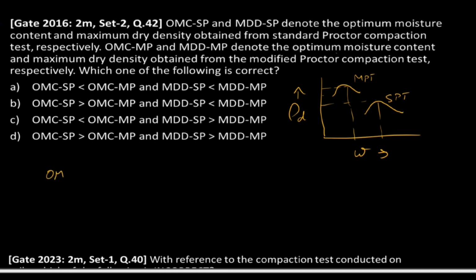Therefore, optimum moisture content of standard Proctor test is greater than optimum moisture content of modified Proctor test, and maximum dry density of modified Proctor test is greater than maximum dry density of standard Proctor test. So from this, we can conclude that option B is the right answer.